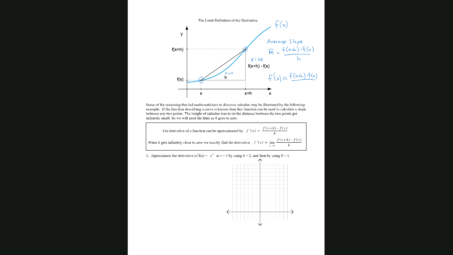Okay, let's see how it works with a problem here down below. I want to approximate the derivative of x squared at the location x equals 1 using a width of my triangle being h equals 2. First thing I'm going to do is just sketch the x squared curve.